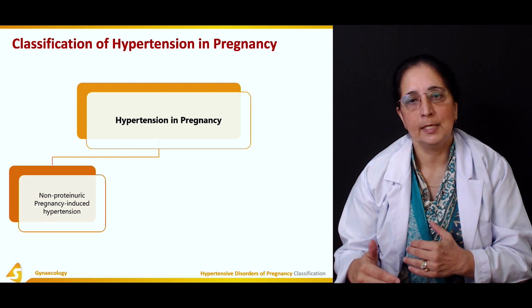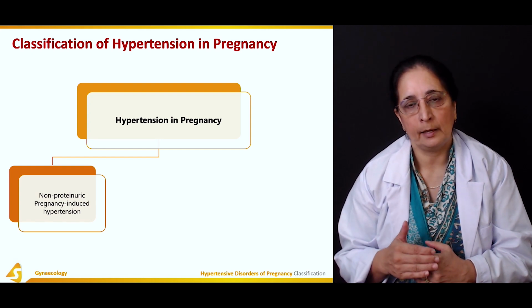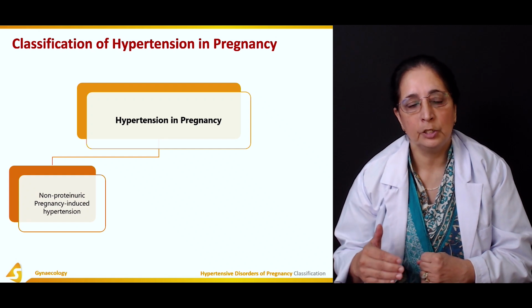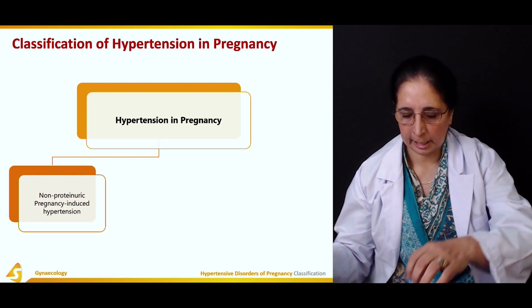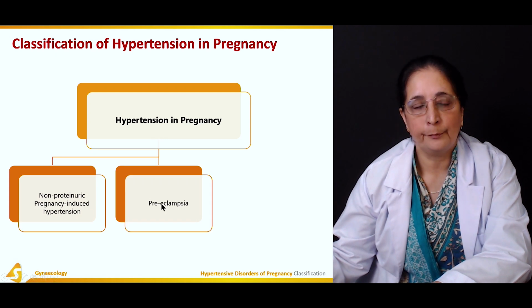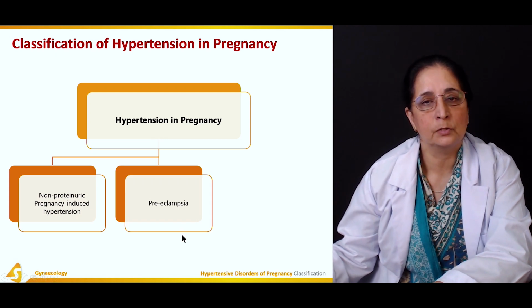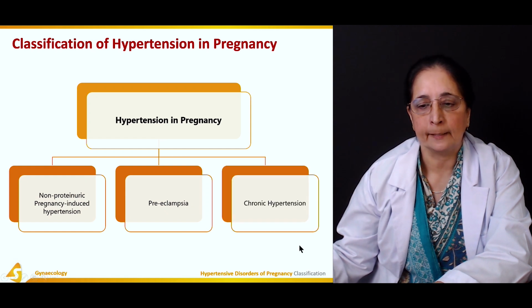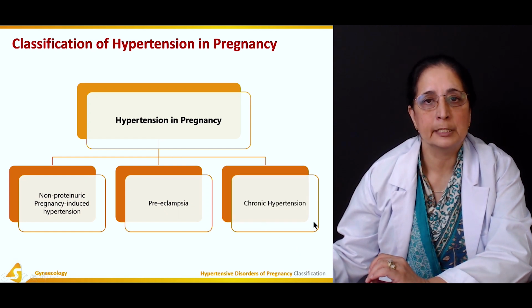There is no increase in the protein level in the urine. Then we have pre-eclampsia, and then chronic hypertension.